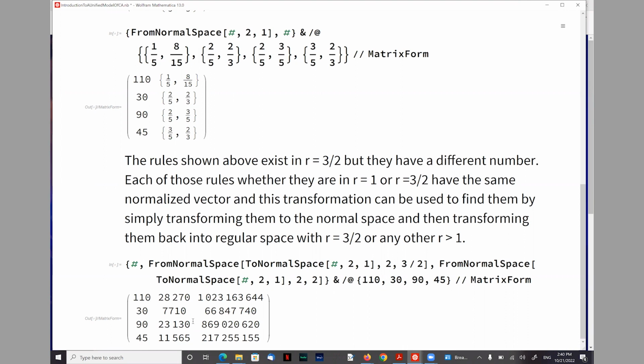And now I can say, I'll tell you, I said, about that rule 110? And I said, yeah, I know, I've heard of it. Okay, have you heard of the 28,270? No, I never heard of that one. Well, it's the same thing. It's just in the next space. Instead, I can just say, do you know about the 1/5 and 8/15?